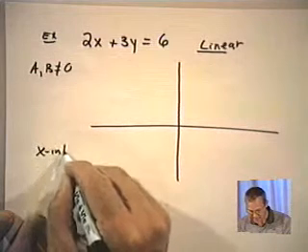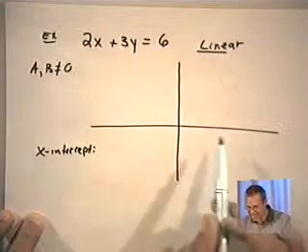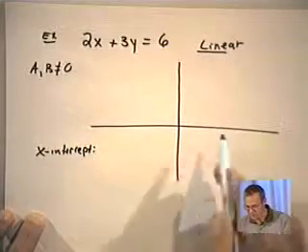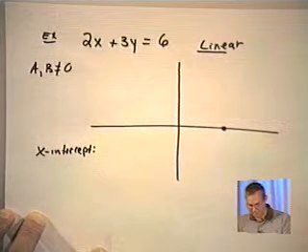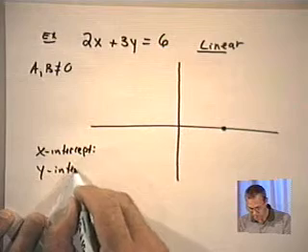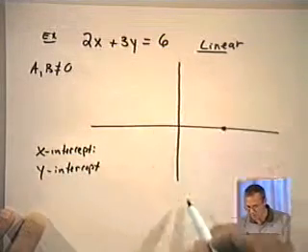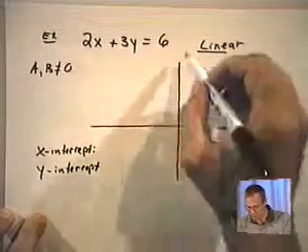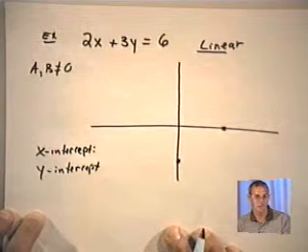The x-intercept is the place on the x-axis where the line crosses. There would be an example of an x-intercept. The y-intercept is simply the point on the y-axis where the line crosses. So that might be an example of a y-intercept.